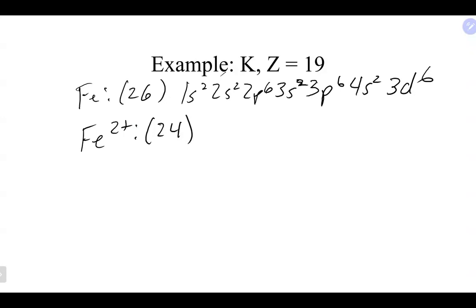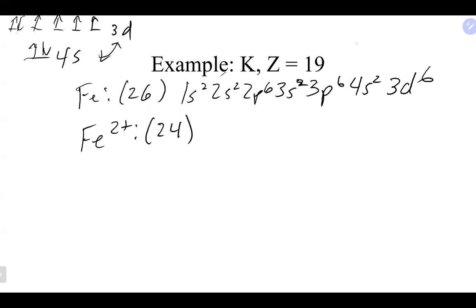Now, this is where we were talking about a minute ago about the orbitals of the 4s and the 3d, that the 4s is lower in energy, but then there's sort of that switch in energy that occurs when we start filling in the d electrons. Once we start doing that, we do get that switch in energy.